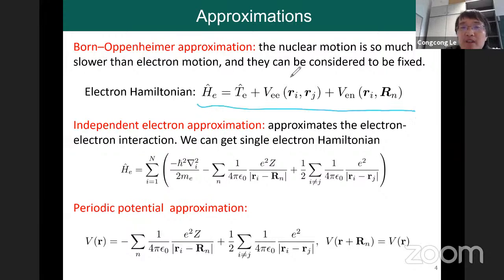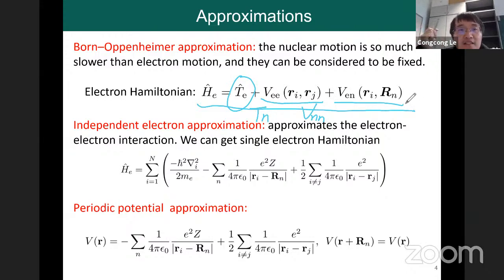Compared with the last slide, we ignore the nuclear kinetic energy and the nuclear interaction. So here there are only three terms. The first is the electron kinetic energy, and this is the interaction between electrons. The last is the interaction between electrons and nuclei.